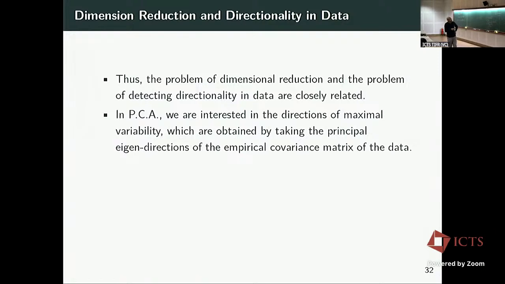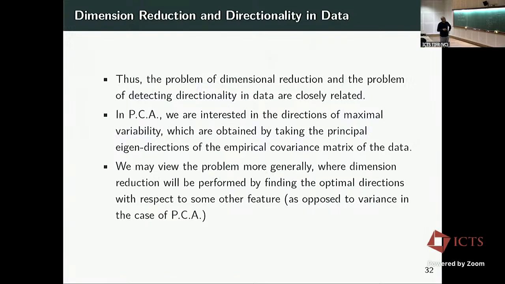In principal component analysis, which is one of the major workhorses of dimension reduction, we are interested in the directions of maximal variability, okay? The directions which maximize variance in the data, which are obtained by taking the principal eigendirections of the empirical covariance matrix of the data. But we may view the problem more generally: we can find significant directions in data by finding the optimal directions with respect to some other feature as opposed to variance.